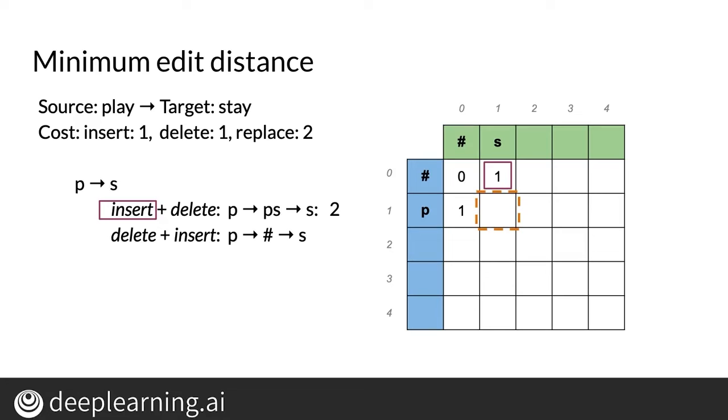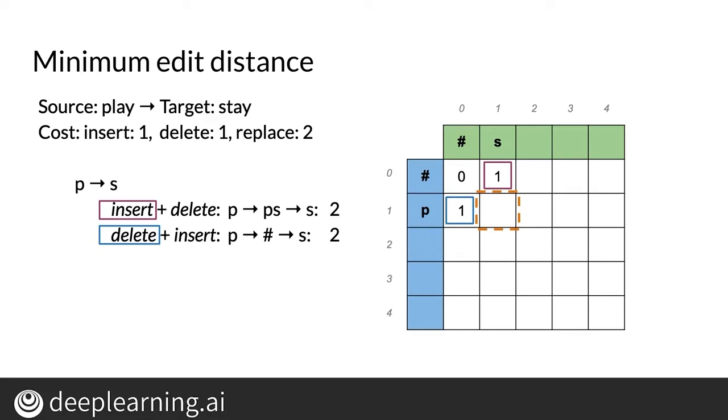In the second possible path, starting with P, you can delete P to get hashtag, and then insert S to get S. Notice again that you've already calculated the cost of deleting P in this blue box on the left. The blue box is the cost of going from P to hashtag by deleting P. So you can calculate the cost of inserting S and add it to the cost that you've stored in the blue box on the left.